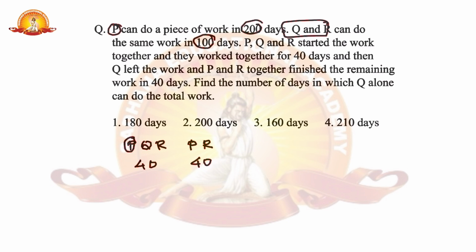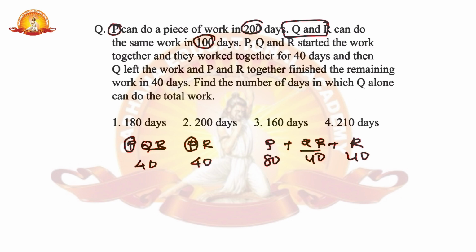P is working for 40 days and P is working for 40 days again. Total P contribution is 80 days in the total work. QR contribution together is 40 days and R alone contribution is 40 days. This is the way the work is done.